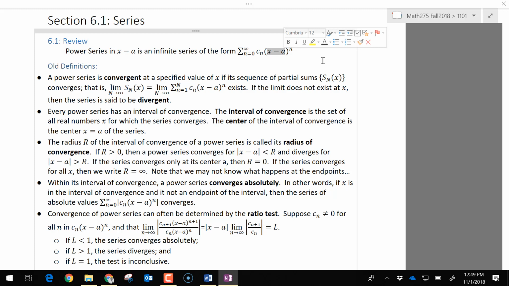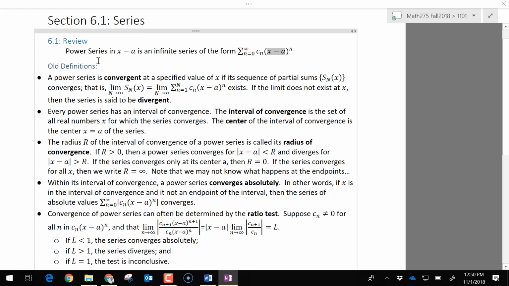So if you look at examples like the ln function, which is undefined at 0, then the power series obviously cannot be defined at 0. So we have to take a look at when the power series converges and the interval in which it converges.